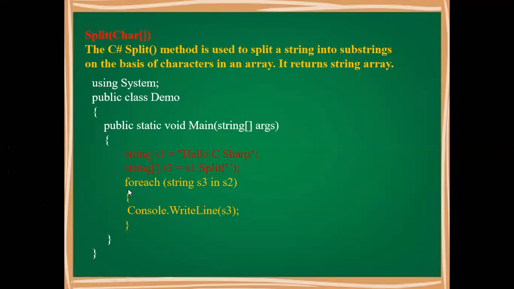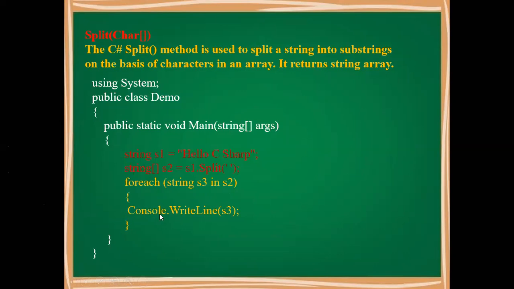So using foreach, you have to just create your own variable string s3 because we want to print it. And there is one keyword you have to use, in, and we have to provide which value you want to iterate. So s2 will be your array of strings, which is going to be iterated, and the iterated value will be stored in string s3, that is a local variable for the foreach loop.